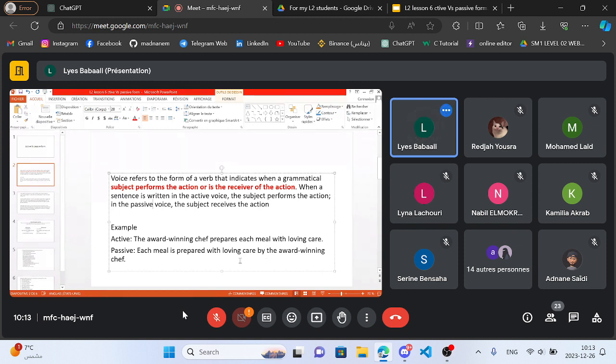Here the subject is each meal, and the subject meal is receiving the action of being prepared. So here the whole sentence is in passive.